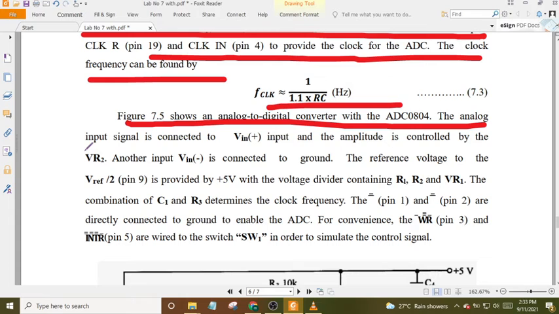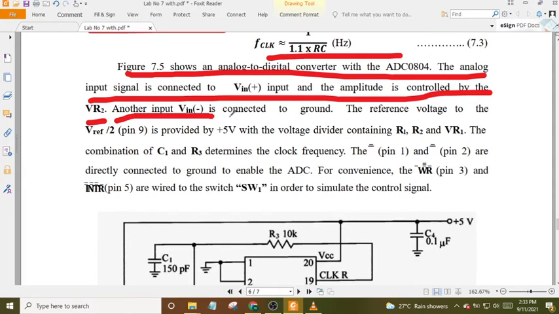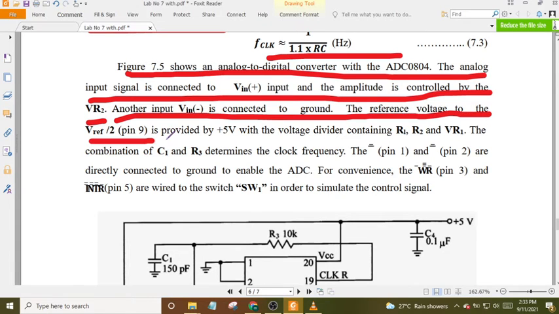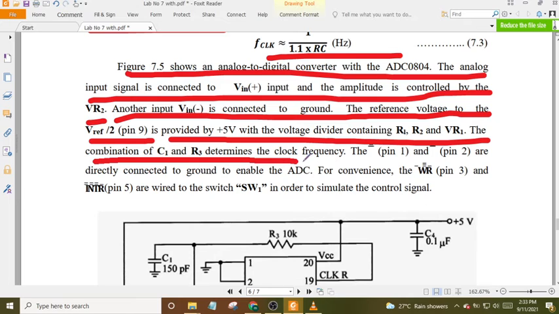Figure 7.5 shows an analog to digital converter with the ADC0804. The analog input signal is connected to VIN plus input and the amplitude is controlled by VR2. Another input VIN minus is connected to ground. The reference voltage to the VREF/2, pin 9, is provided by plus 5V with the voltage divider containing R1, R2 and VR1. The combination of C1 and R3 determines the clock frequency.